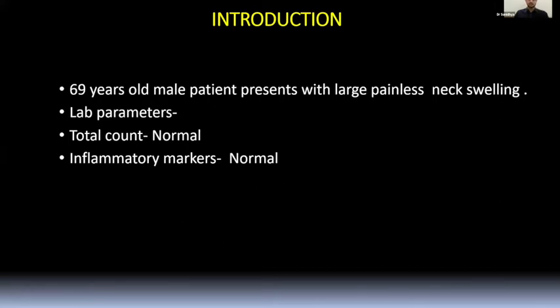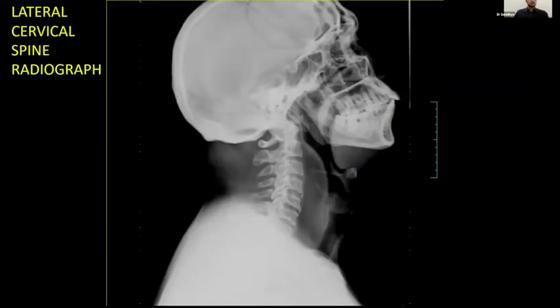Inflammatory markers were normal, and on palpation it felt like a mobile, non-fixed soft tissue swelling. A lateral cervical spine radiograph was taken, which shows prevertebral shadow widening at multiple levels, extending from C2 to the inferior end of C7, and it is displacing the pharynx anteriorly.